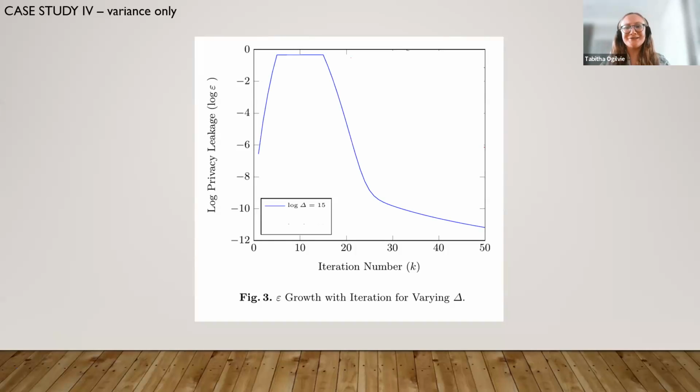I wouldn't recommend using log delta 15, but even if we use log delta 20 or log delta 25, we get privacy leakage less than 1. I think this is deployable. And why does the privacy leakage increase with delta? Because if we increase delta, the noise falls, and so the privacy leakage is greater. Cool.